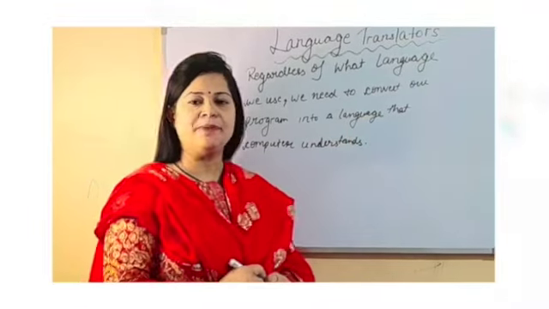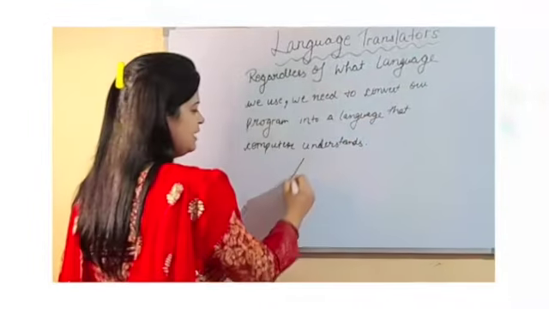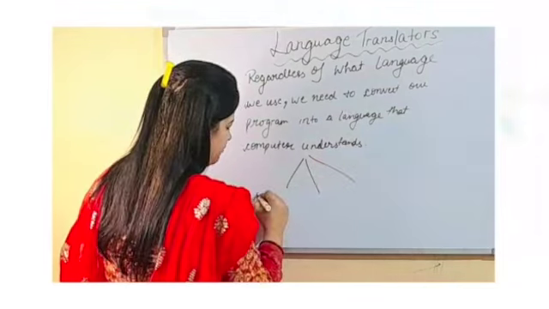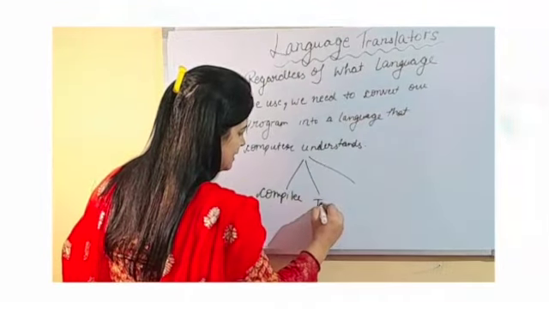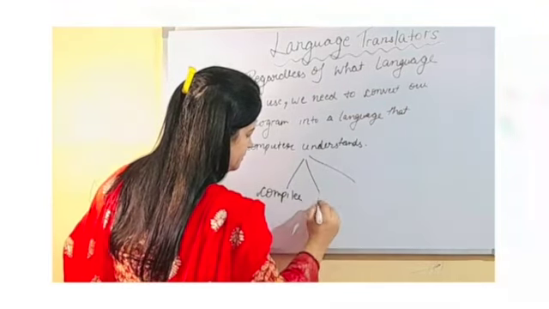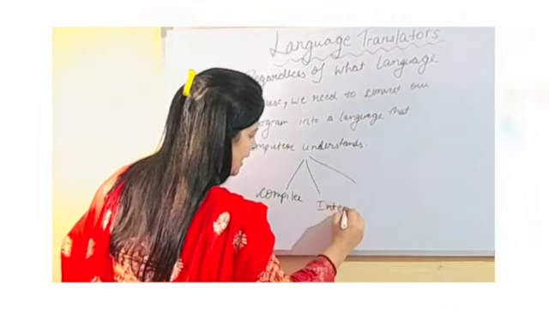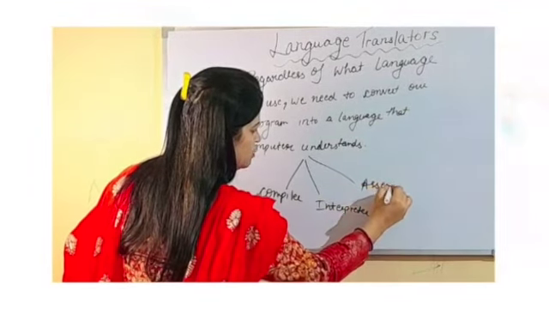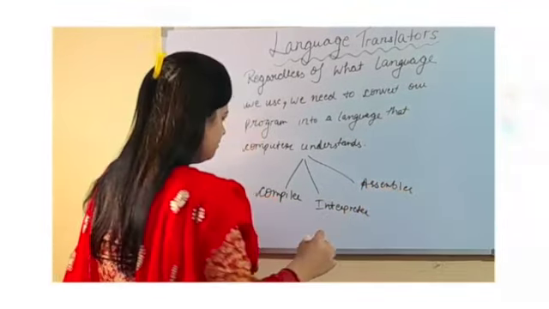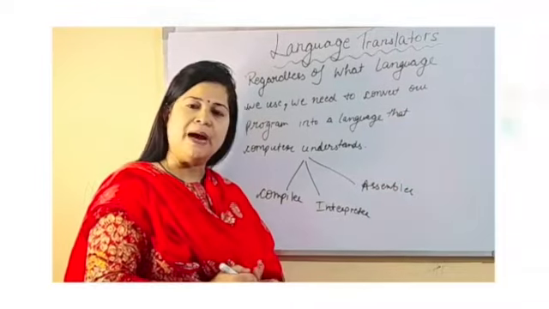So basically there are three types of translators we use. First is the compiler, which I have discussed in the first video also. Second is the interpreter. And third one is the assembler. I'll explain in detail about the compiler and interpreter.